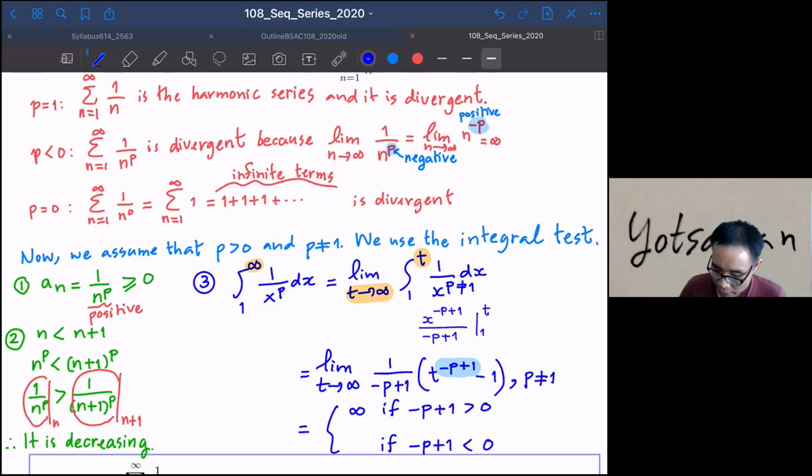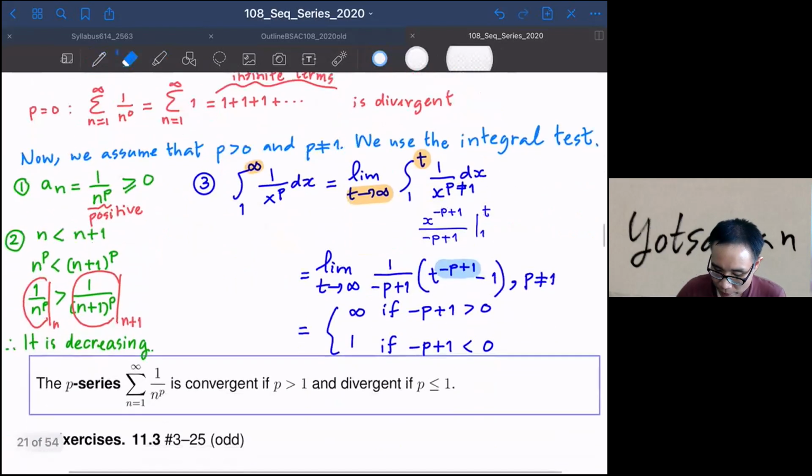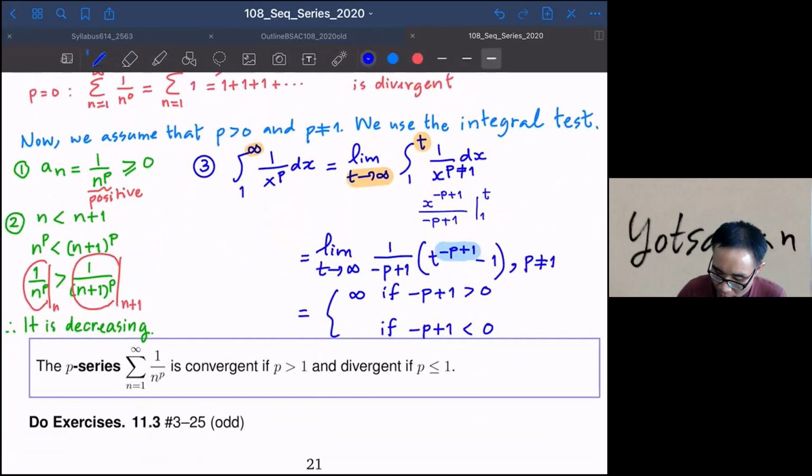It turns out to be some number: negative 1 over negative p plus 1, so it converges to one number.